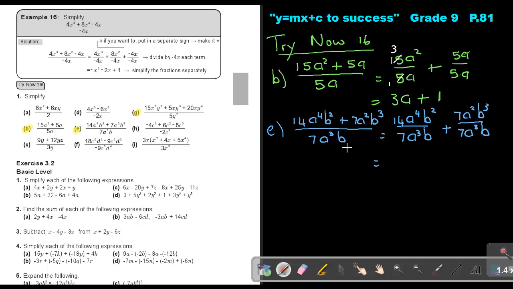So if I'm going to simplify this, 7 can go in 14 2 times. So basically it will be 2 on top. Now where's the big amount of the a's? It's on top, so it's a. 4 minus 3 is 1. Where's the big amount of the b's? Top. So b, 2 minus 1, it's just b. So that will be what I'm getting there.